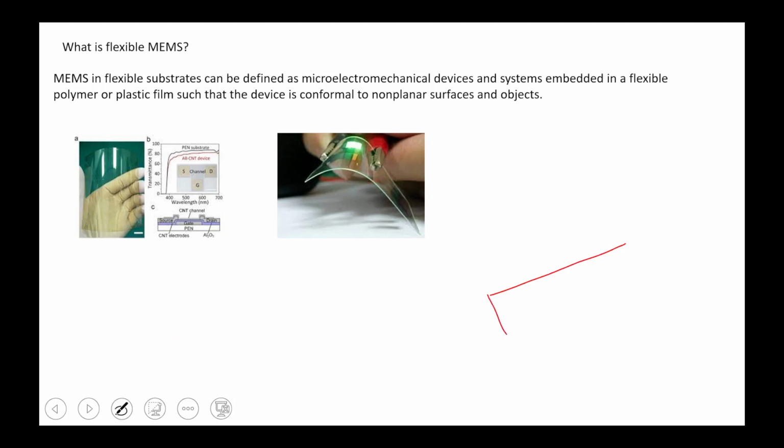I have coated photoresist here, and the photoresist is in the form of a liquid, or a solution with high viscosity.